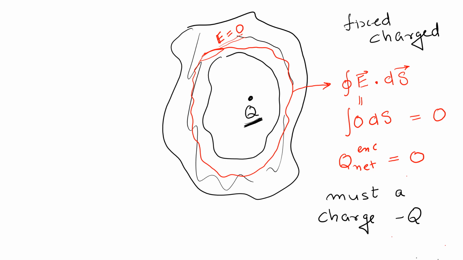We had another rule before that in a conductor, charge cannot sit in the volume. Charge can only sit on the surfaces. That rule is always obeyed too. So this minus Q charge would be distributed on the inside surface of the conductor, the surface of the cavity.